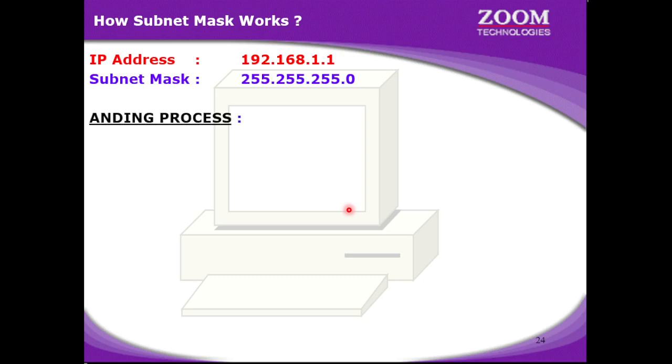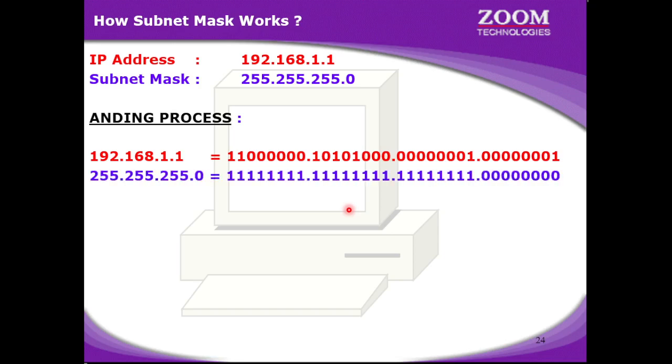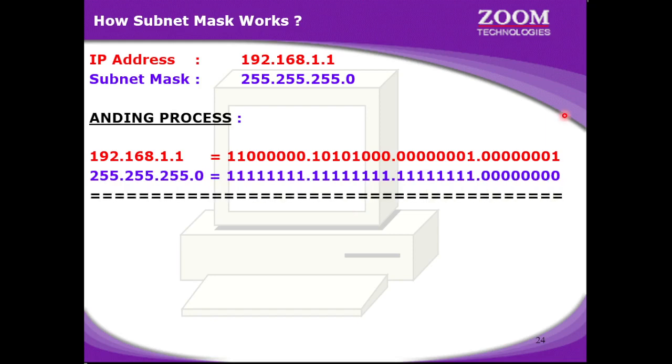We can use the ANDing process to know our network address. So, for example, 192.168.1.1. So, ito po yung value niya for binary, no? And then, we get the value of the subnet mask in binary as well. So, pag sinabi natin AND, we multiply the binary, yung katapat niya dito.